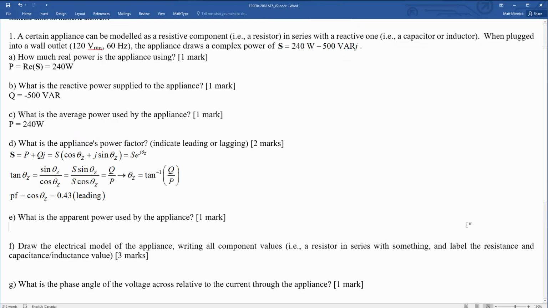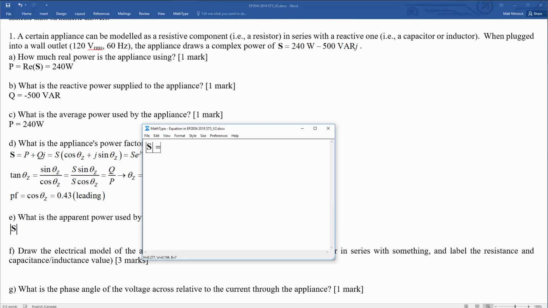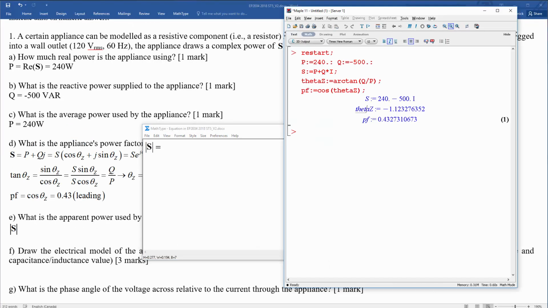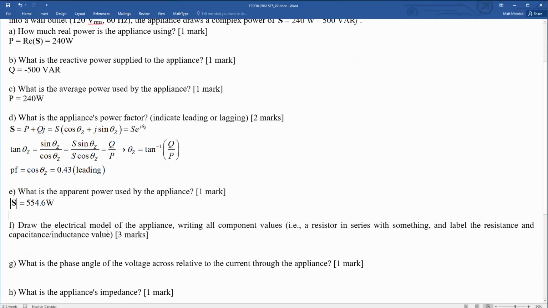Okay, apparent power, that's the magnitude of S there. And for that, we can also just use our calculation here. So we've got 554.6, and we can put that in watts.